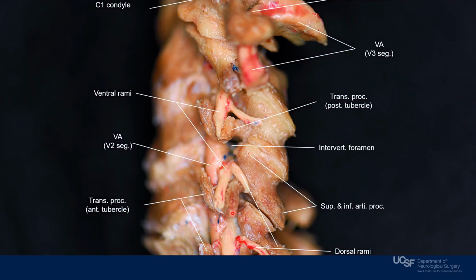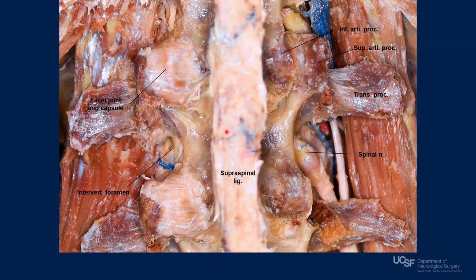There's an anterior and a posterior tubercle, and there's an intertubercular lamella that is going to be connecting these two tubercles. There's a nerve that is going to be resting over the spinal nerve groove, and there are going to be two rami, one ventral and the other dorsal. And again, this is part of the axial and subaxial region of the spine.